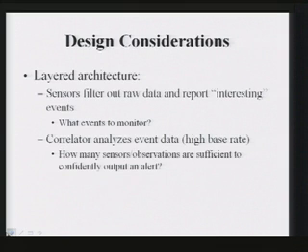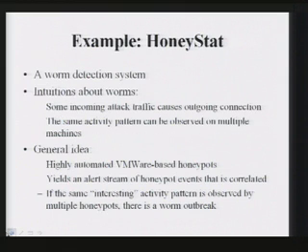There are many questions here, right? But one particular question that we were looking into is, how many sensor observations are sufficient for you to have a very confident output to say this is an intrusion, right?